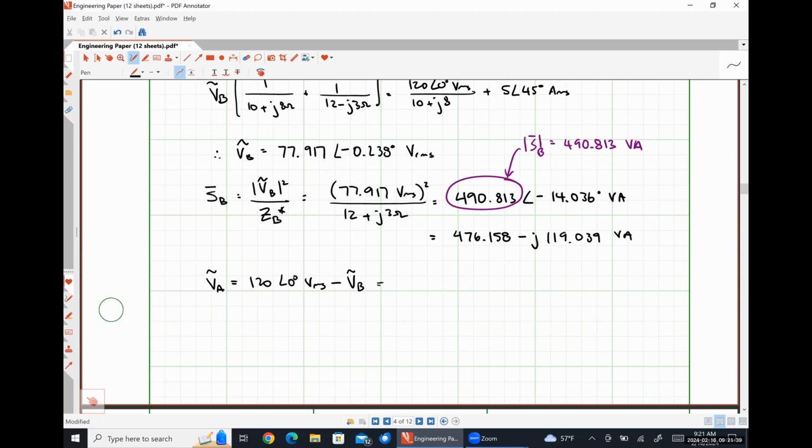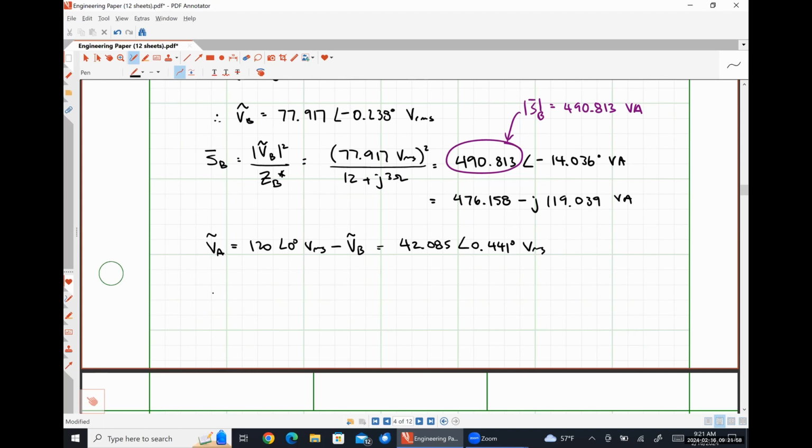Heck yes, awesome. So 120 minus that, I get to be 42.085 with an angle of positive 0.441 degrees volts RMS.